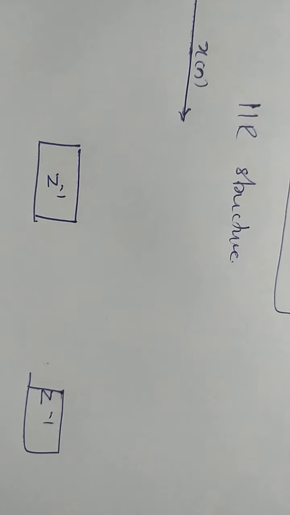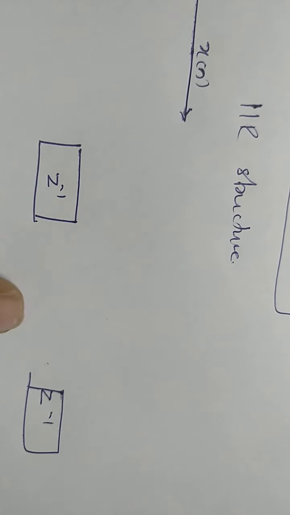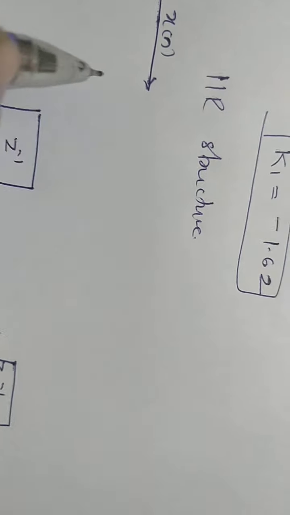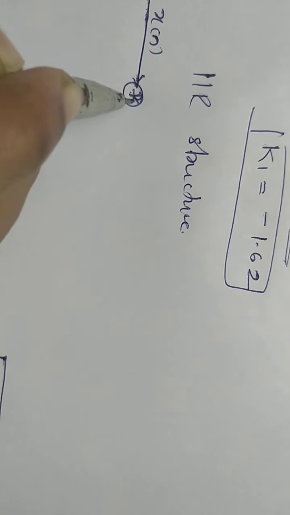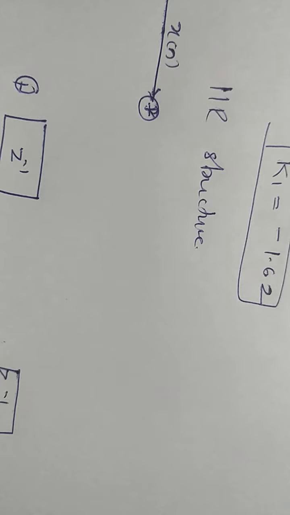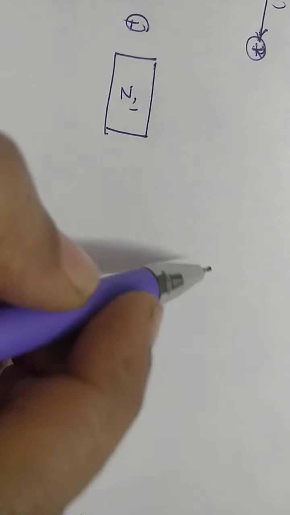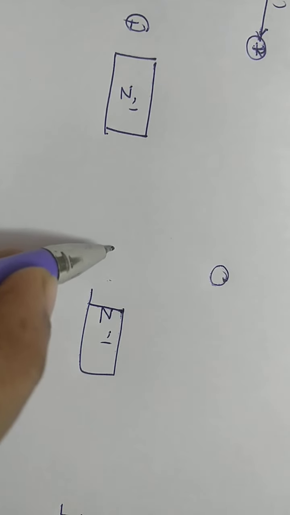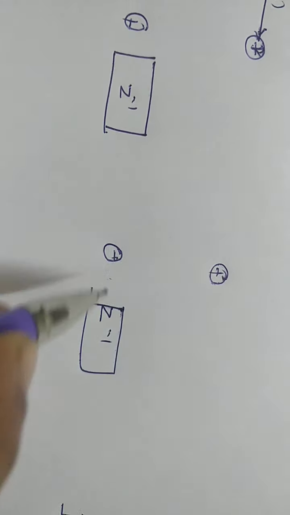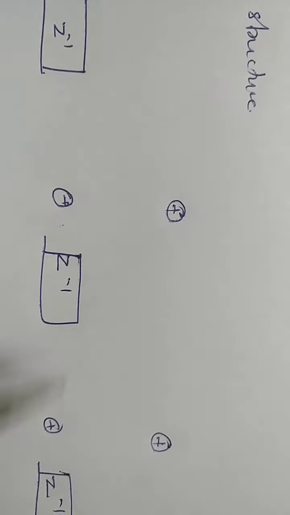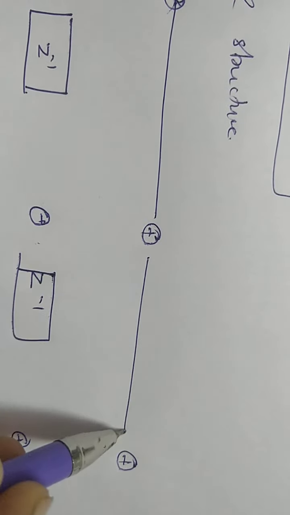Then in the case of an IIR filter, I already told that the adder terms are coming before the delay term. So write 2 delay terms here. Okay. Then what? Here also, prior to the Z inverse term, 2 adders are there. Here also, prior to the Z inverse term, 2 adders are present. Okay, connect all these things here.